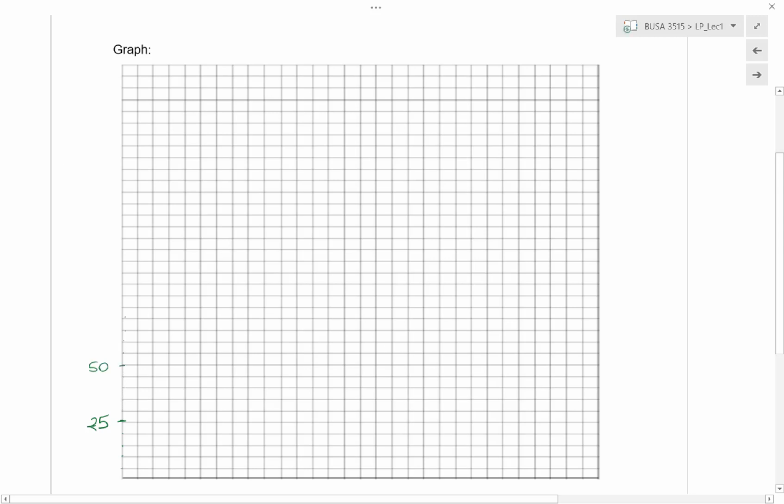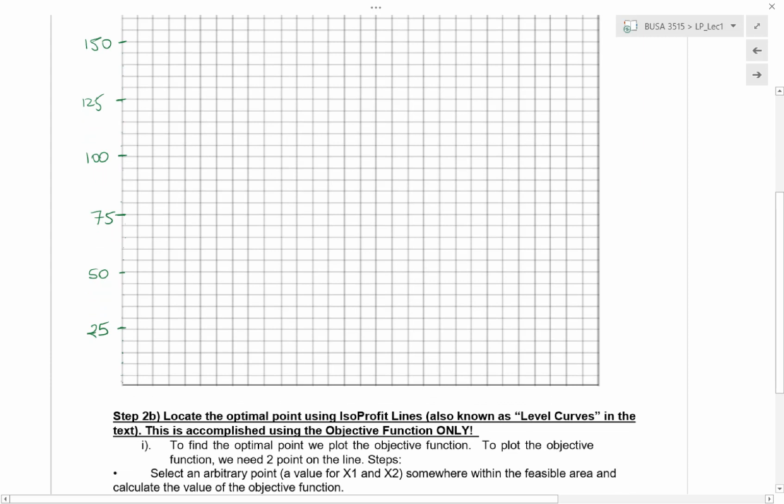So every 5 spaces is going to be 25, then 100, 125, 150. And you'll usually have to play to figure out what the best scale is.